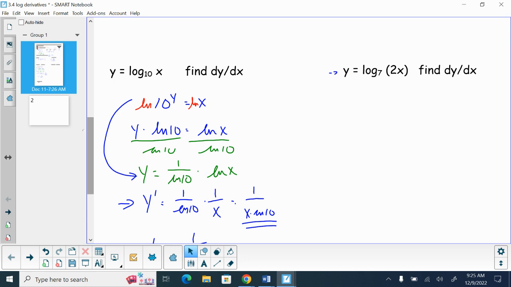Follow the same method of madness. First, rewrite it in a form that we can work with. So let's get it out of the logarithmic form into an exponential form.